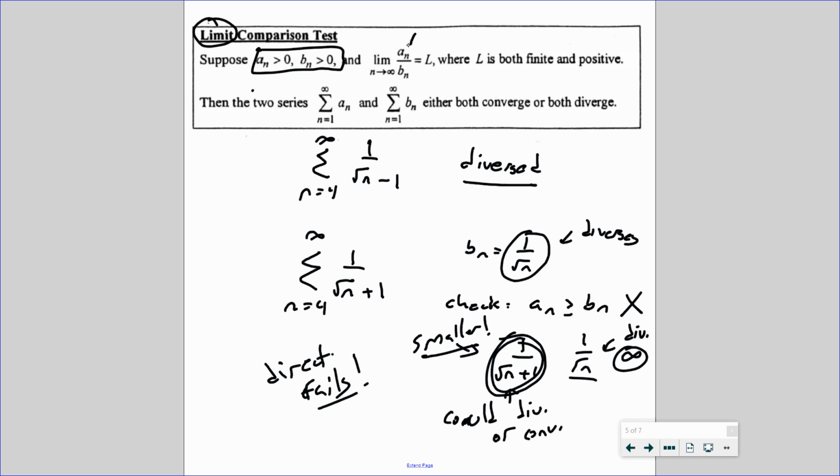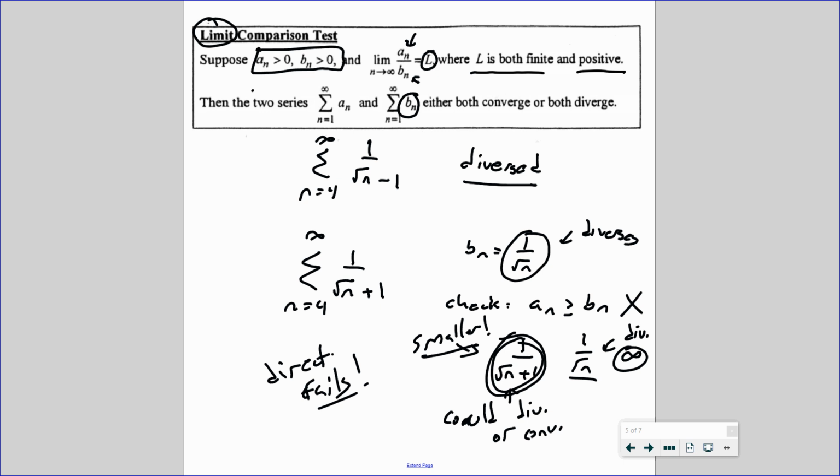We put the top, the original, over the bottom, and we look at what we get. If we get a constant, finite and positive, then we will say that the series converge or diverge based on our comparison. So in other words, if b sub n converges, a sub n converges. If b sub n diverges, a sub n diverges.